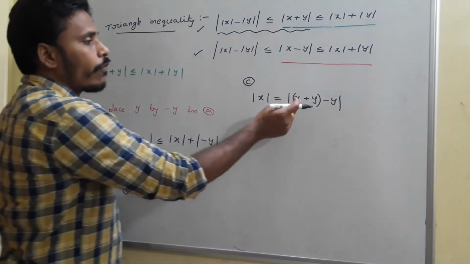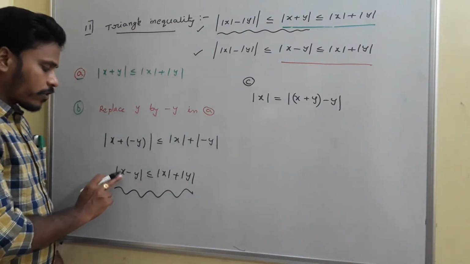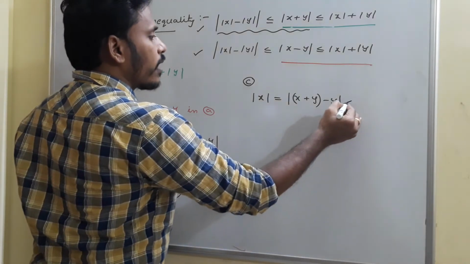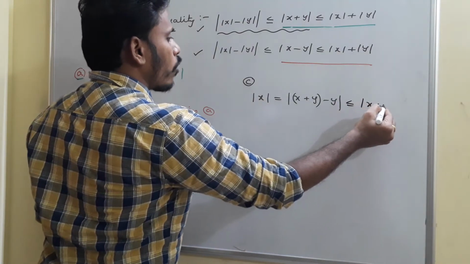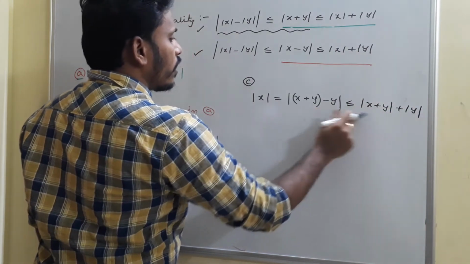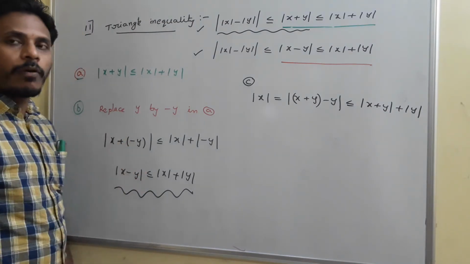This modulus of x plus y minus y is of the format first value minus second value. So this is for sure less than or equal to modulus of x plus y plus mod y. This less than or equal to I am writing with the help of b.